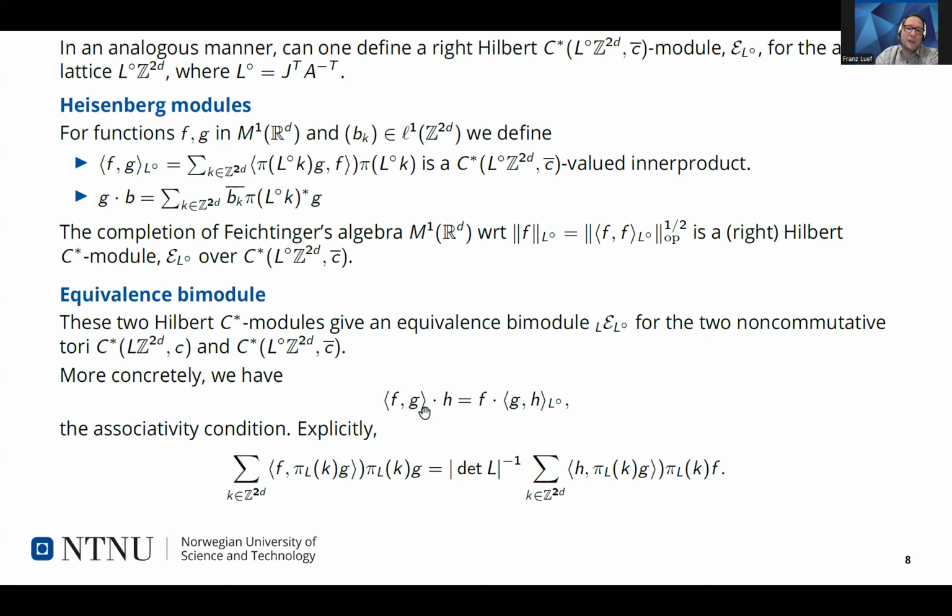So this is FGL acting on H. This rank 1 operator over this original module E_L can be rewritten in terms of this right inner product, which, if you write it out, looks exactly like this. So it's this relation: f pi of lambda_k g pi of lambda_k g.